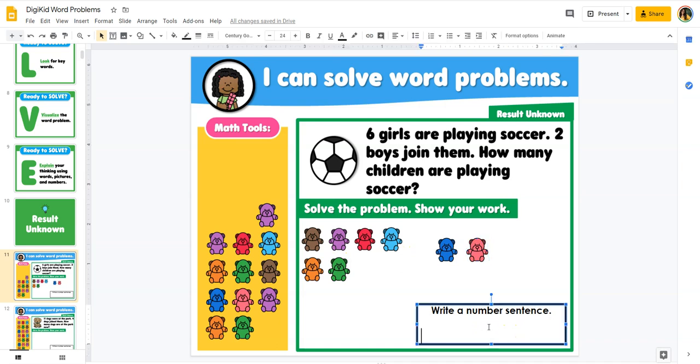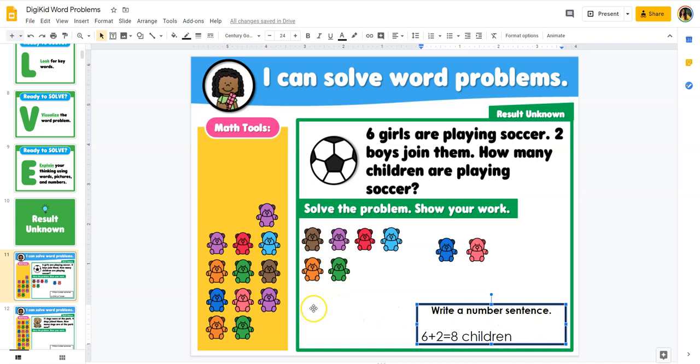So when we're writing our number sentence, we would write 6 plus 2 equals 8. And we could say 8 children to represent what it is that we're demonstrating in this problem. So we've shown our work here, and we've even written a number sentence here at the bottom.